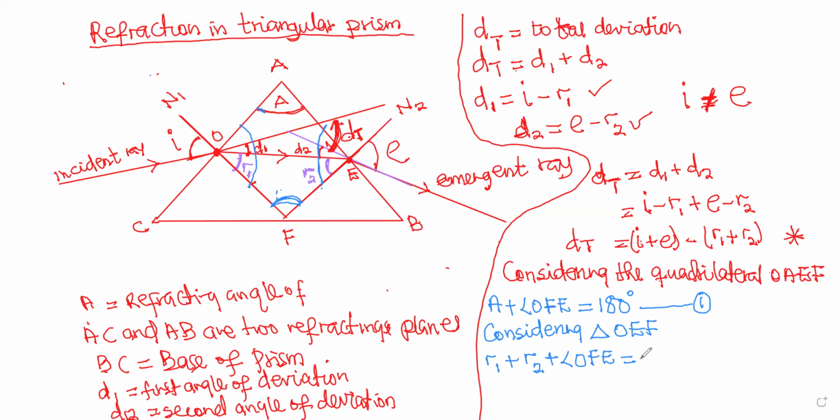Sum of angles in a triangle. I want you to make angle OFE the subject in equation 1 and substitute this into equation 2 for me. Then give me the final expression.